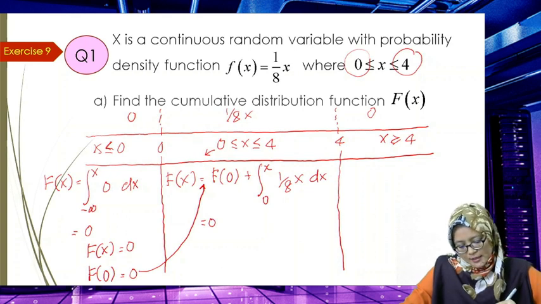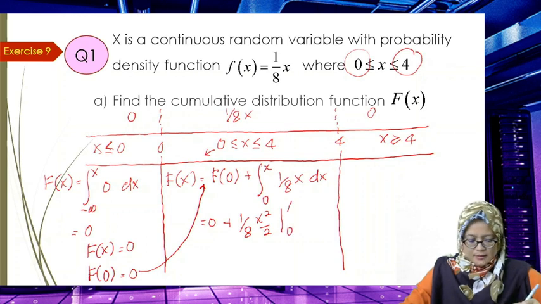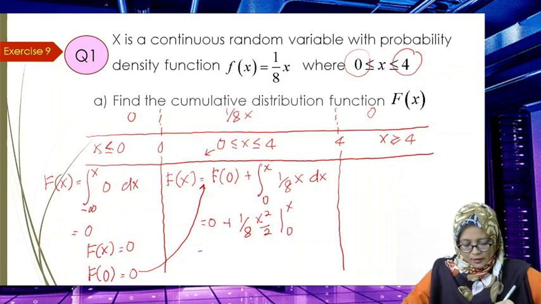So kita akan integrate nilai yang second ni lah, so akan dapat 1 over 8 x square over 2. So substitute value 0 to x, ini kita akan dapat x square over 16.